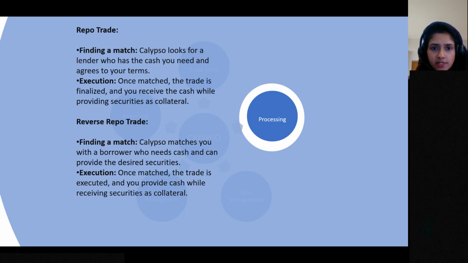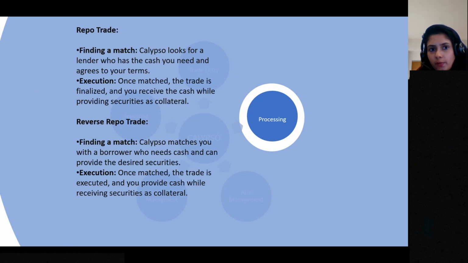Now, processing. A repo trade has entered in Calypso. We have entered all the details. Now, what is the job of Calypso? We have to find a match. Customer has come. How do we provide the cash to the customer, because in repo we need cash?